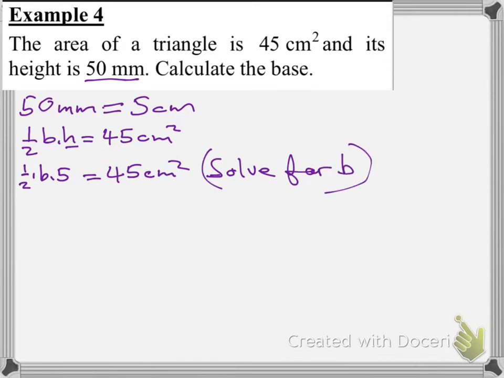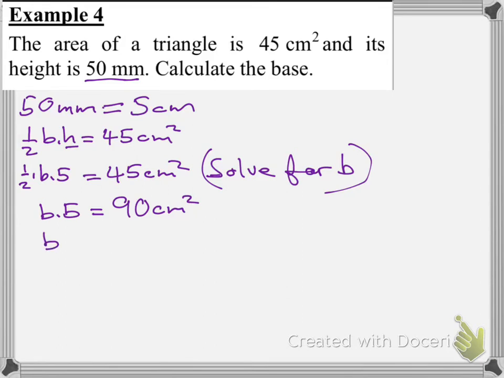So solving for b, first of all, we multiply both sides by 2 to eliminate the half from the left hand side. It's going to be b times 5 equal to 90 square centimeters, since the 2's cancel out. Right, so now we divide by 5 centimeters.